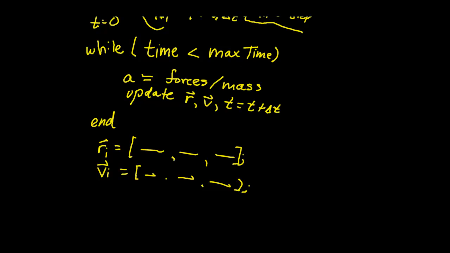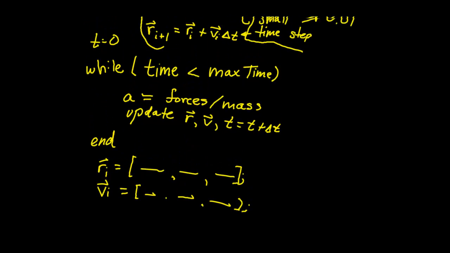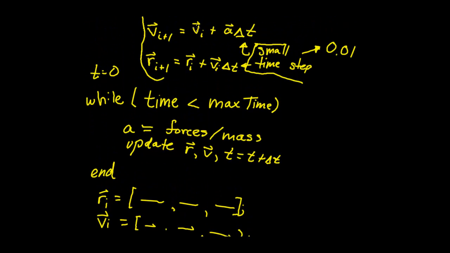Now, doing this type of a method where we just say, v_i, the next velocity vector, is just equal to the current one plus our current acceleration times some small delta t, this is actually called Euler integration.